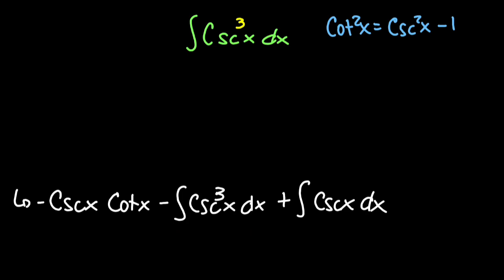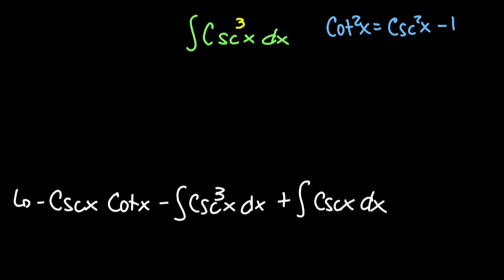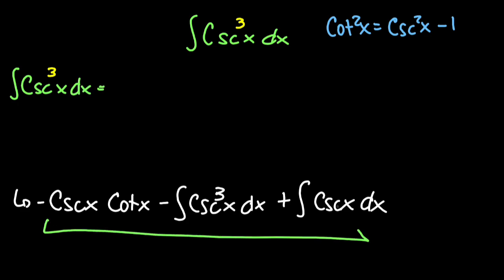Notice that the integral of cosecant cube of x is actually equal to all of this one because we had just manipulated this to get this value. And with that knowledge, we can equate these to each other. Doing that, this would be the integral of cosecant cube of x dx equal to this one right here.